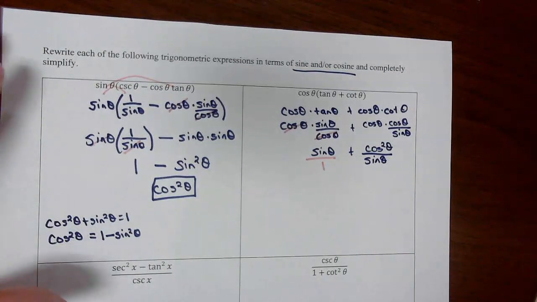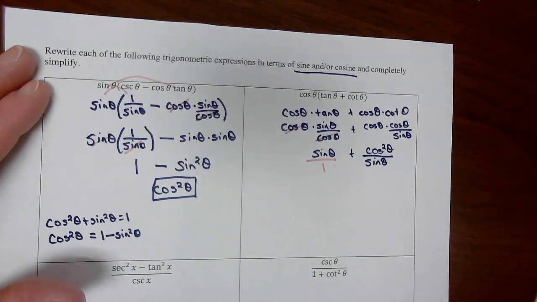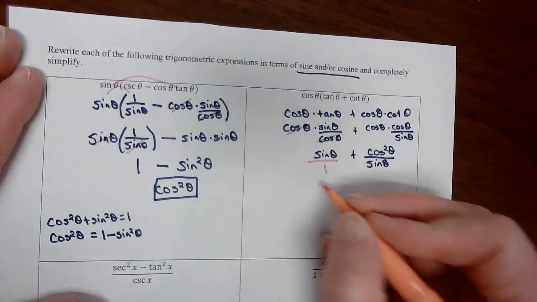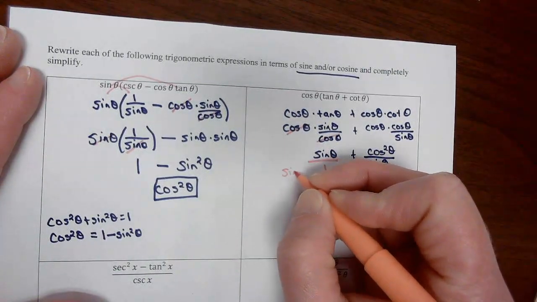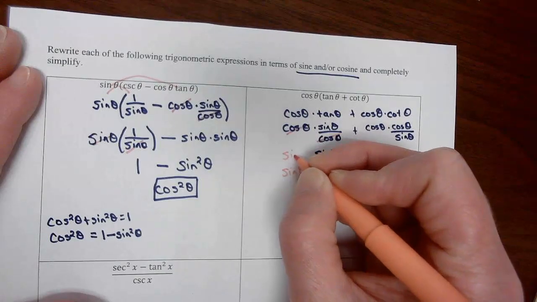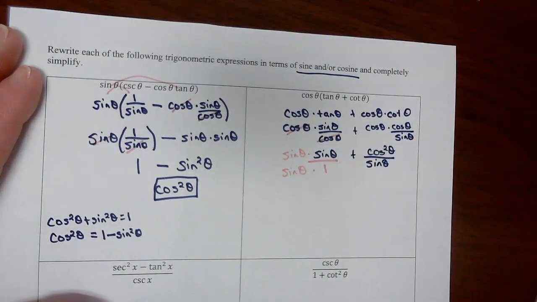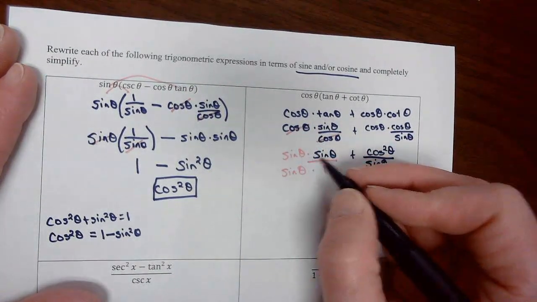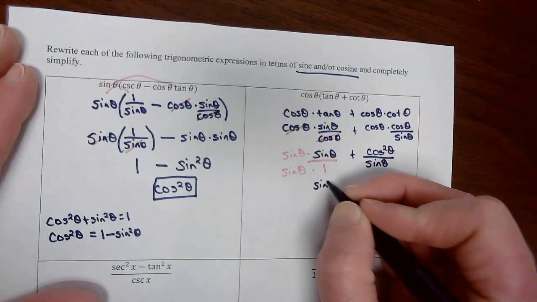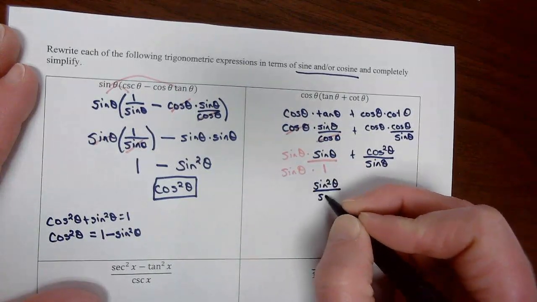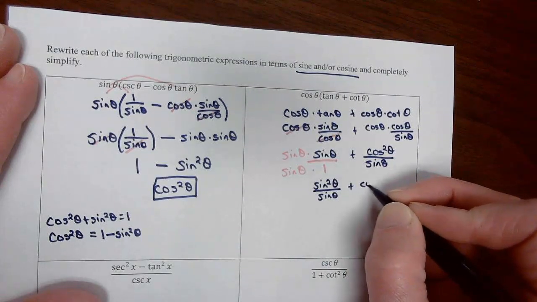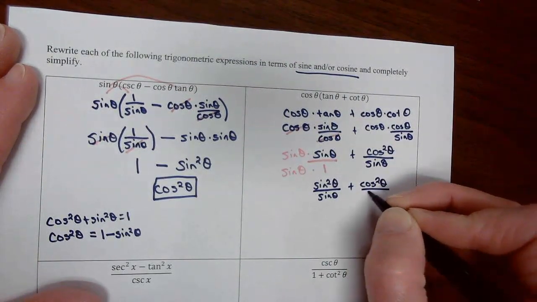If I'm going to add two things, they have to have a common denominator. So if I multiply this one by sine and the top by sine also, I will have the same denominator. So sine times sine is sine squared over sine plus cosine squared over sine.